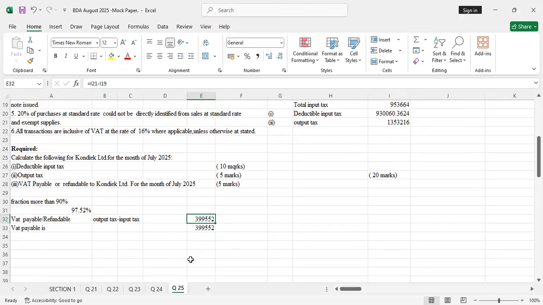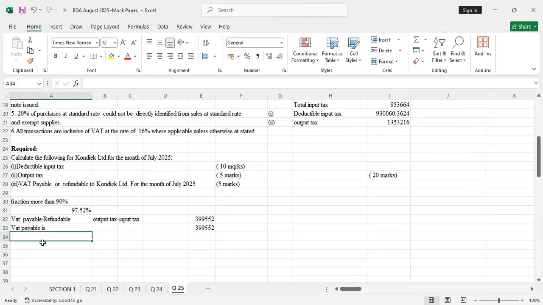Then you will ask me, what happens if the fraction is less than 10%? That is the other test that you do. You have already answered this question, so by getting this, you have the 5 marks.